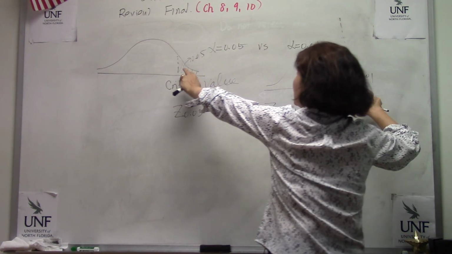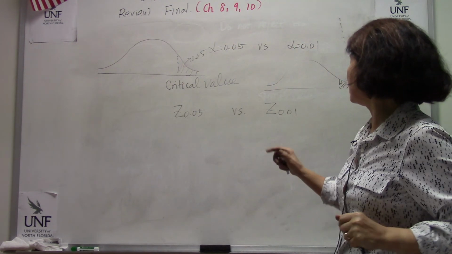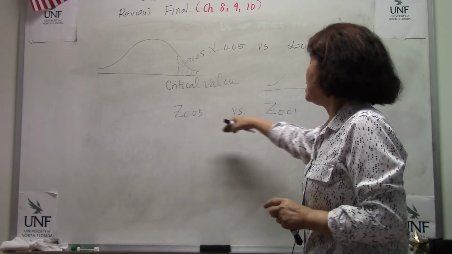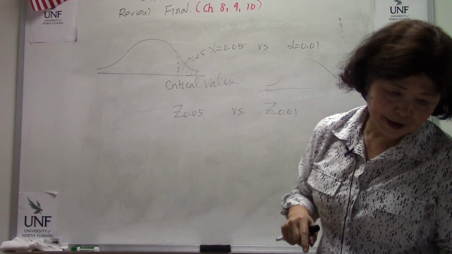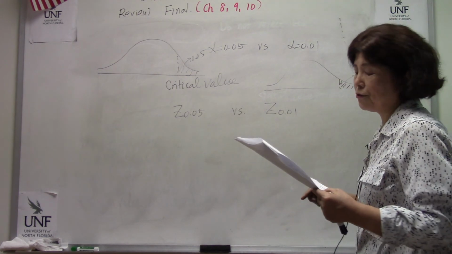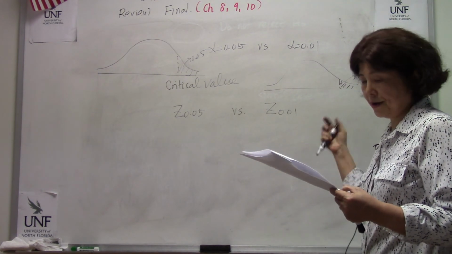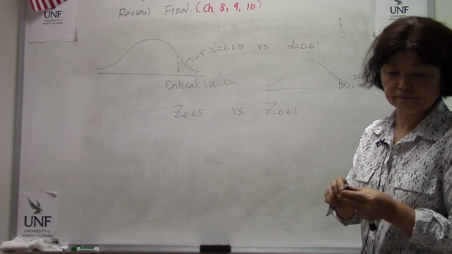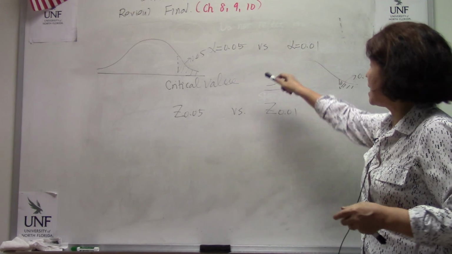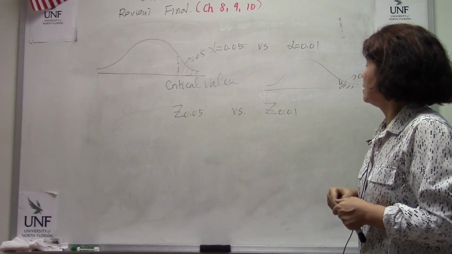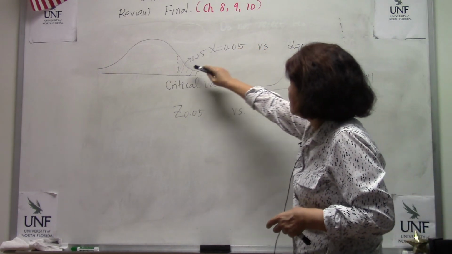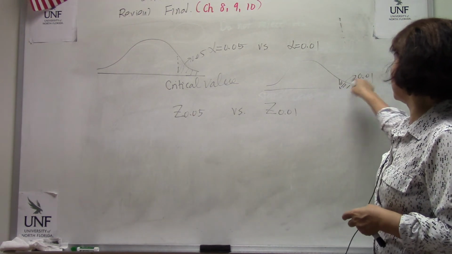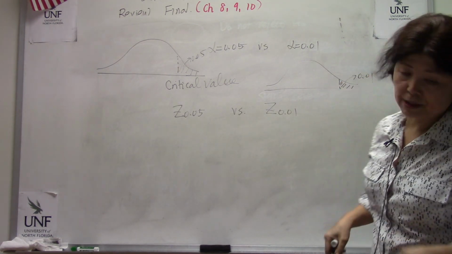So the shaded parts are the rejection regions. So when you decrease the significance level, that means you decrease the rejection area. Yes. All right? So just understand it using a picture: alpha indicates the area of the region. So this portion and this portion, the smaller portion, so the rejection region is smaller.